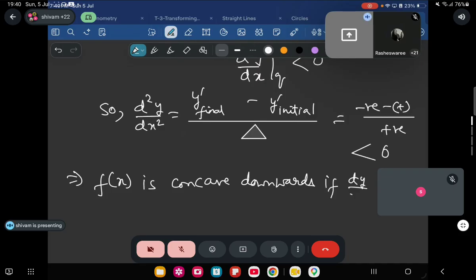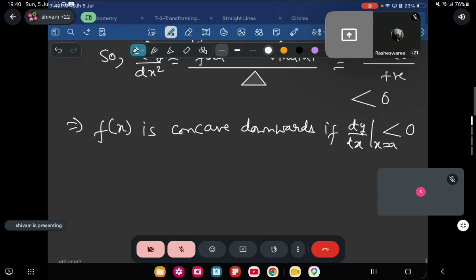If d2y by dx square at x equal to a is less than 0, concave downwards.